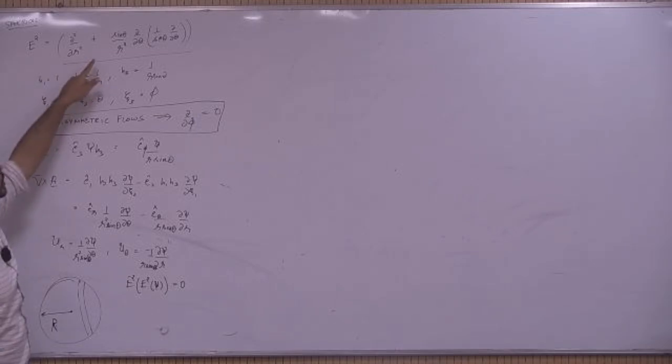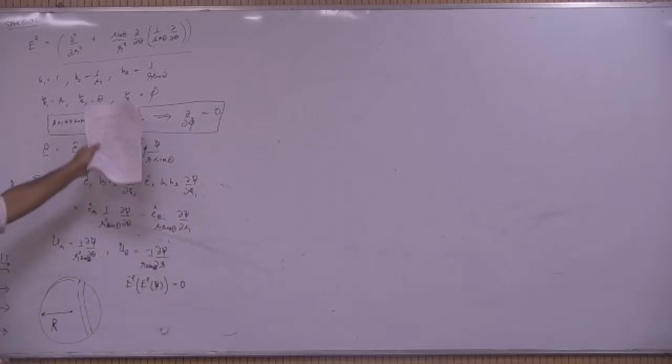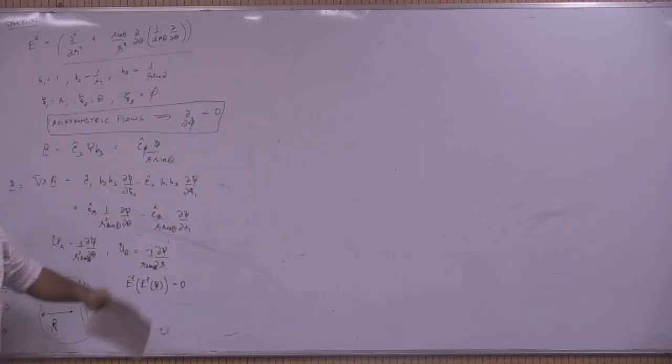E2 is a second order operator, right? So E2 squared of psi will be what order equation? Fourth order. How many boundary conditions are we expecting? 4 in each direction, since it is second order in both r and theta. So we are expecting 4 boundary conditions in each direction.